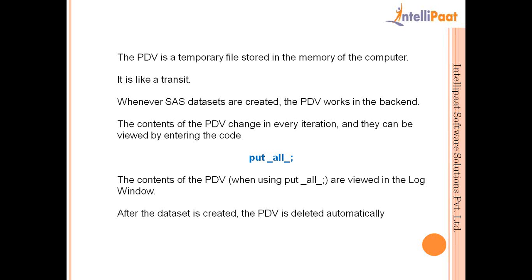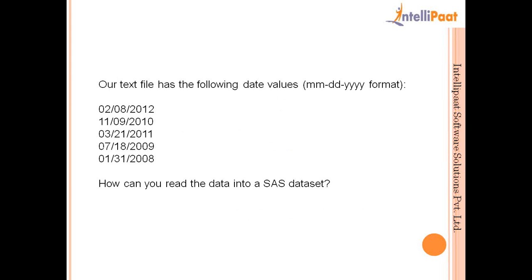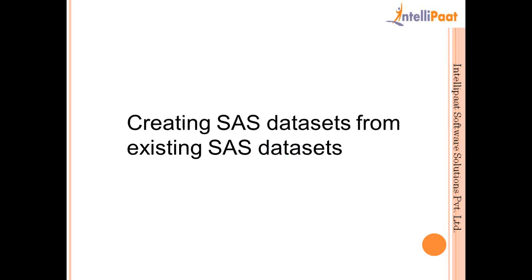So when the dataset is created, first of all, the values are set to default, that is missing, and then the PDV is deleted automatically. So this is what happens when we create a dataset from the raw data file or the existing dataset. Let's see another case, creating SAS datasets from an existing SAS dataset.